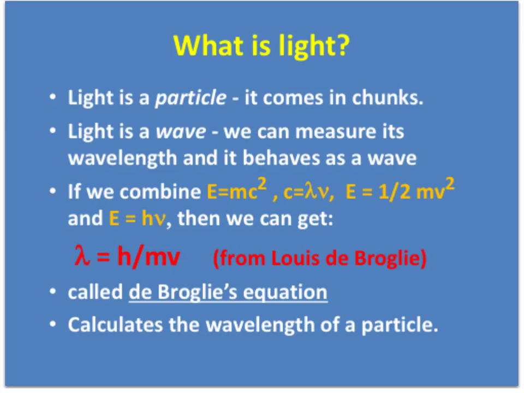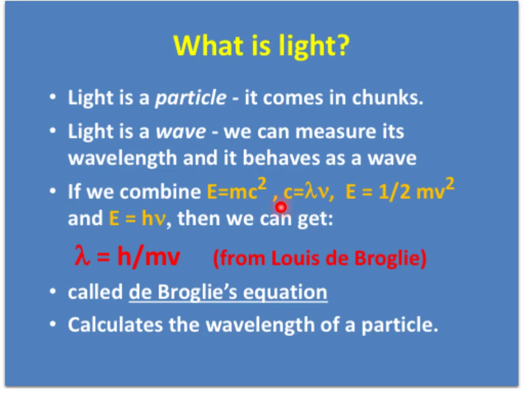So now we're using m and v, not nu. h is Planck's constant again, m is our mass, and v is velocity. This is from Louis de Broglie, and it is called de Broglie's equation because it helps us to calculate the wavelength of a particle.